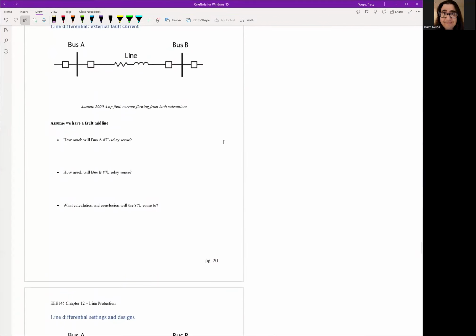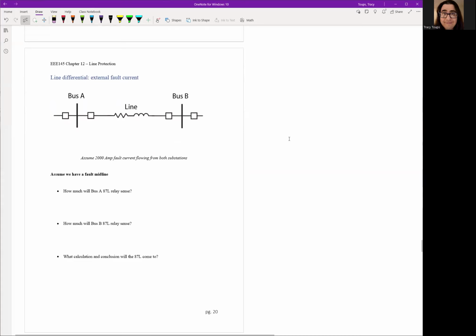Now let's talk about an internal fault, right? So this should be, sorry, an internal fault. Okay. So if we have a fault internal, which is right here, we're going to have 2,000 amps flowing in from bus A. And then we're going to have 2,000 amps flowing in from the other side, from bus B. Because remember, in a transmission line, both sides of the line can be a source.